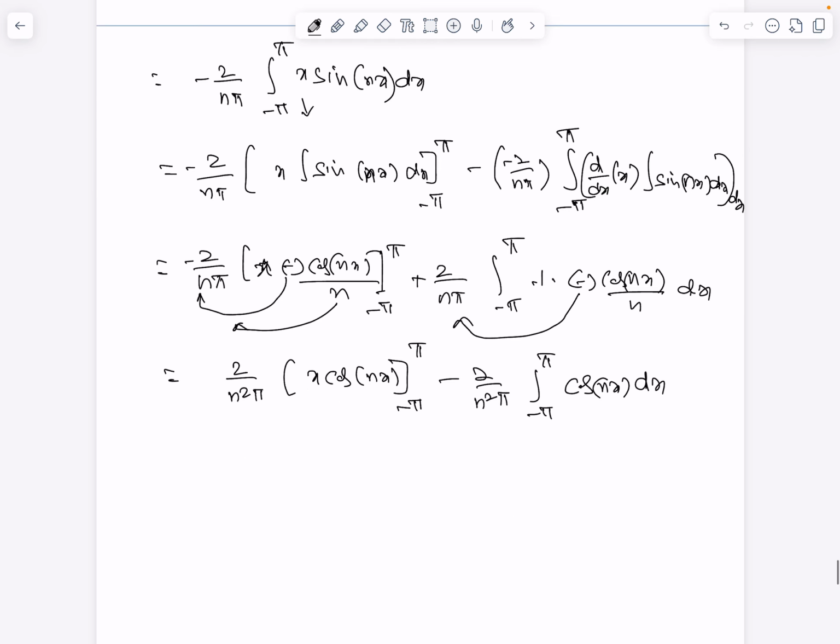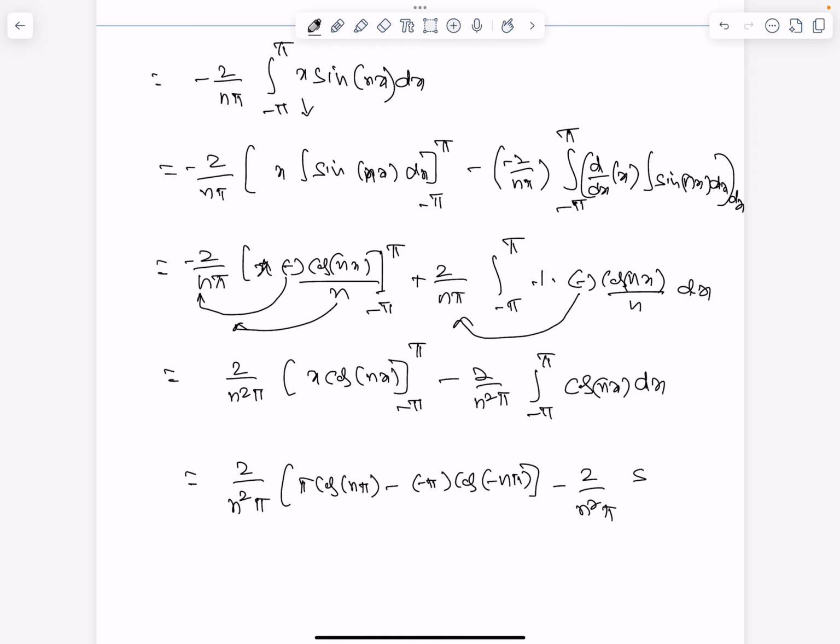Now, if you try to simplify further, that is 2 by n square pi, and the upper limit is pi cos n pi minus of minus pi into cos minus n pi, and the other integral, you apply integration over cos nx, that is sine nx by n from minus pi to pi.